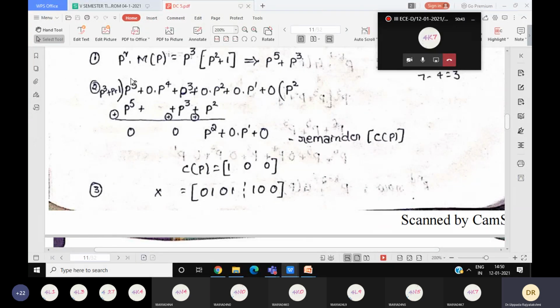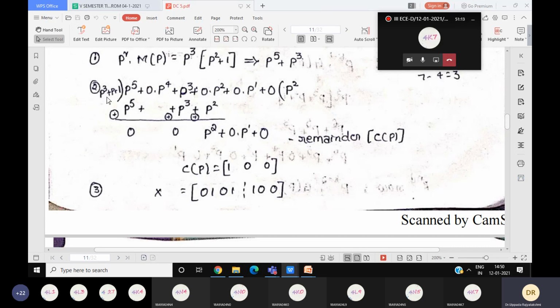Take g of p and divide p power r into m of p by g of p. So p power 5 plus 0 into p power 4 plus p cube plus 0 into p square, because there is no coefficient for p square, p power 1 and p power 0, so I put 0. And p power 4 also has no coefficient, so that's why I kept it as p power 4.